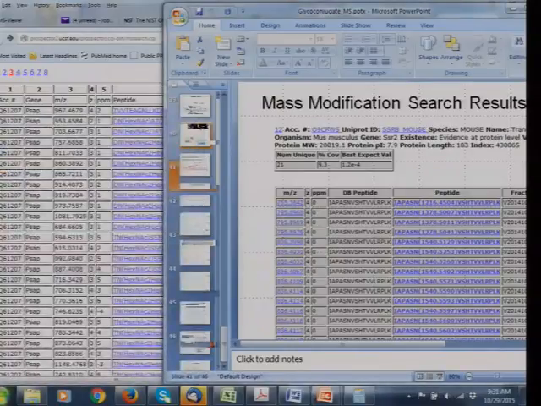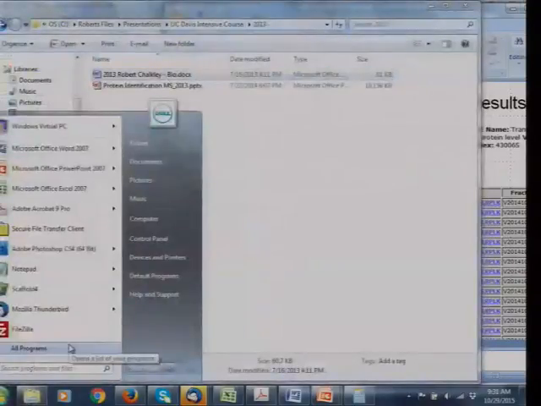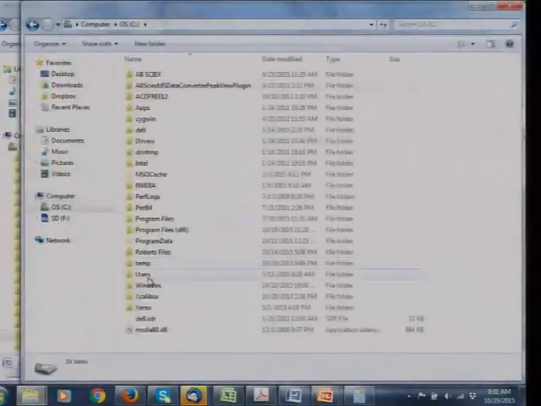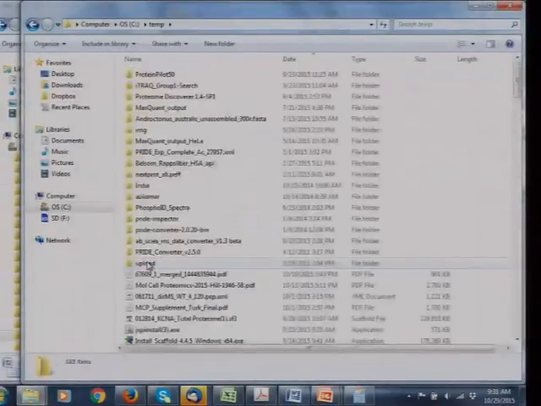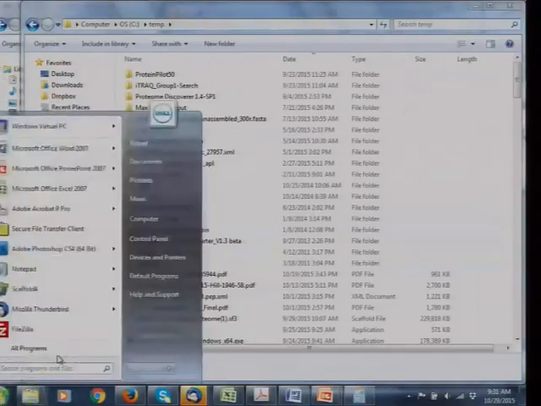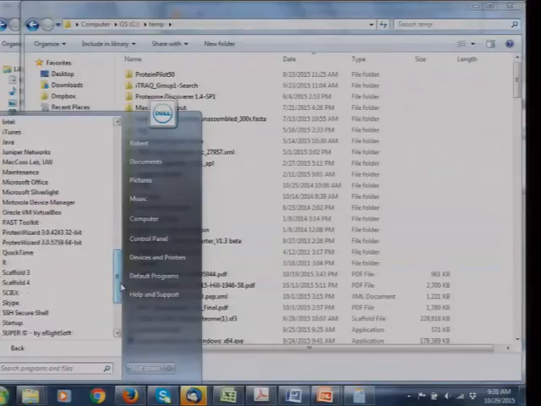Okay, demonstration. So, the software is called Trophy Wizard, and there are two main programs in there.